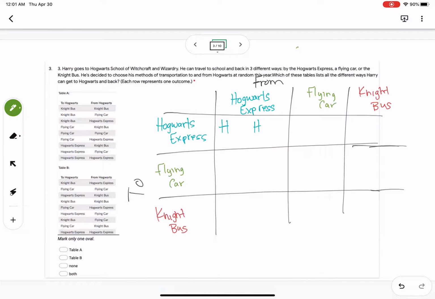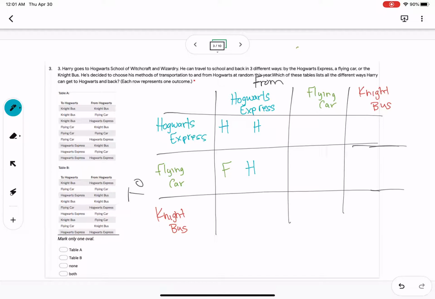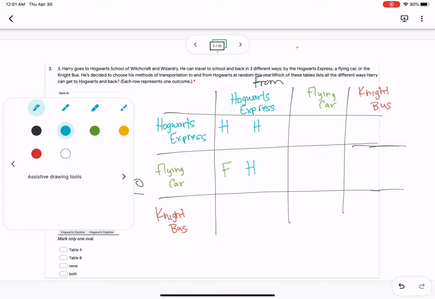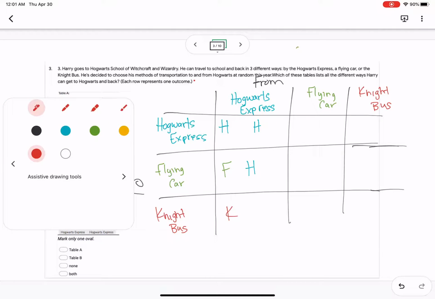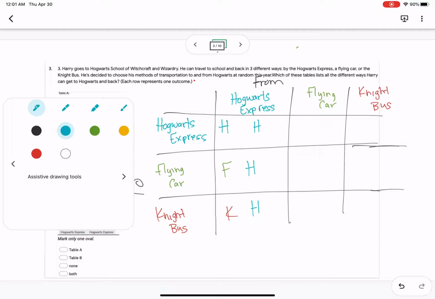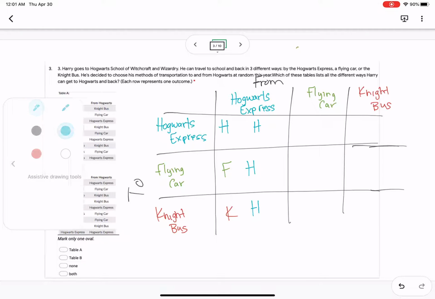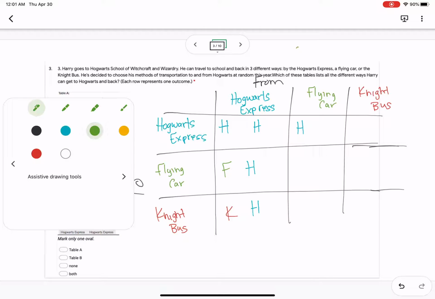He could go to using the flying car and he could come back using the Hogwarts Express. He could go to using the night bus and go back using the Hogwarts Express. Okay, again, he could go to using the Hogwarts Express and go back with the flying car.